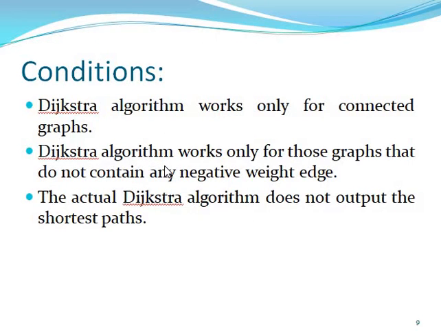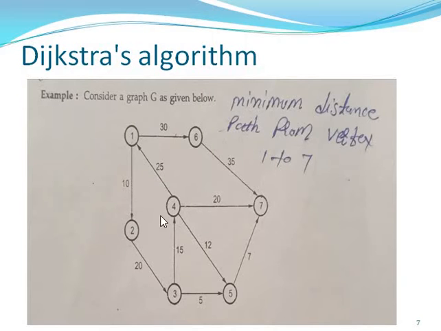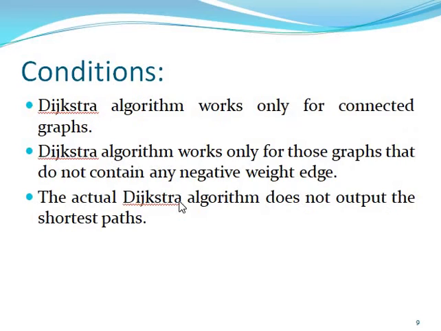And the Dijkstra algorithm works only for graphs that do not contain any negative edge, so all the edges are positive. The actual Dijkstra algorithm does not output the shortest path. So this is a condition of the Dijkstra algorithm.